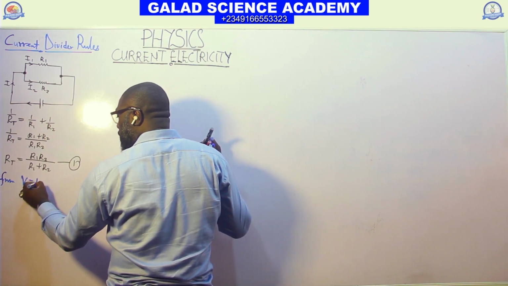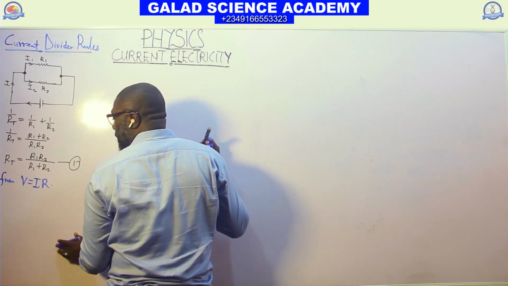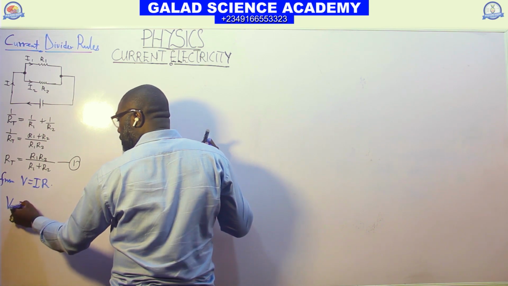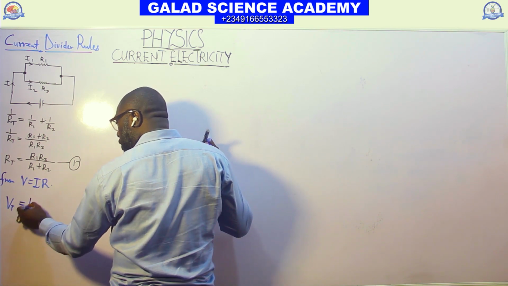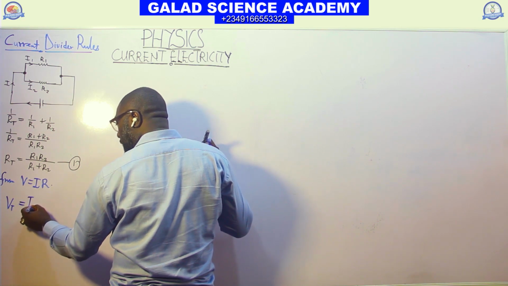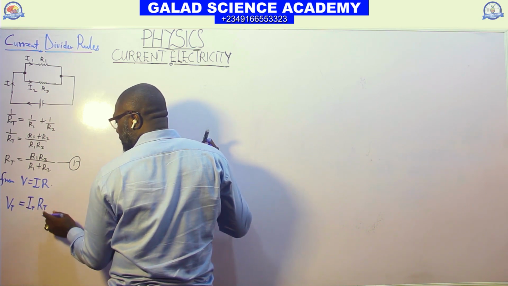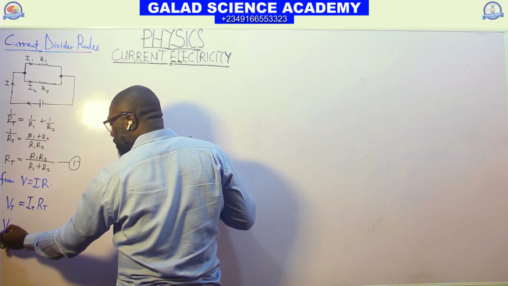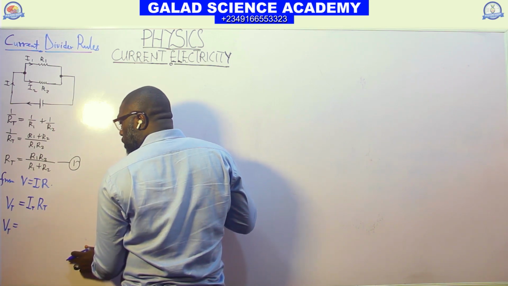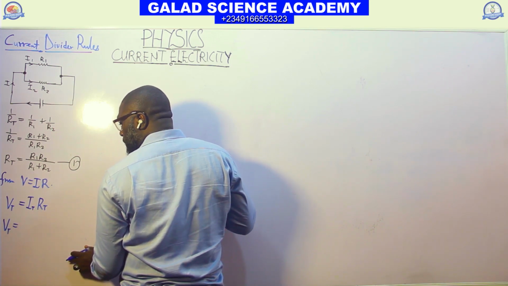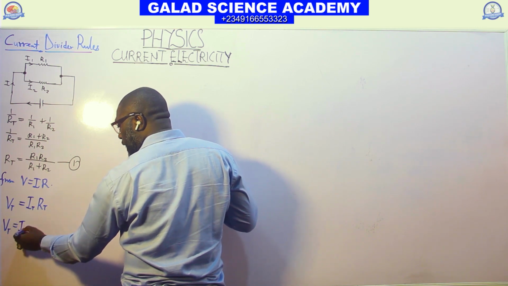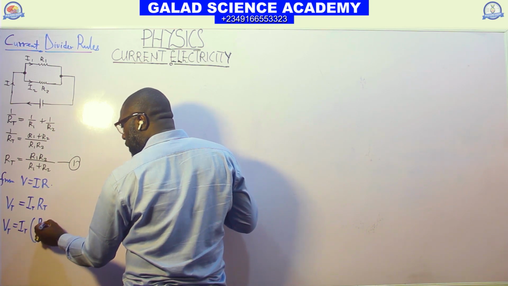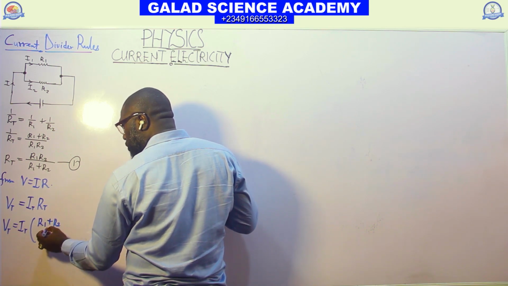From Ohm's law, V equals I R. So the total voltage will be equal to the total current times R total. What is R total? It is this. We now have V total equal to current I total into bracket R1 R2 over R1 plus R2.